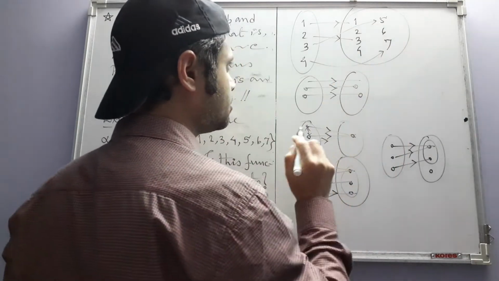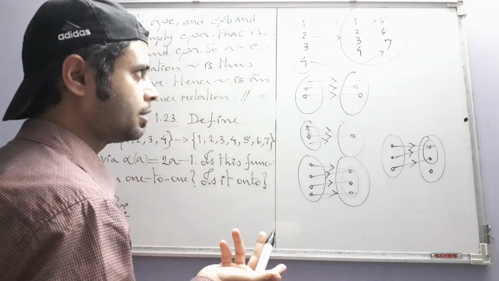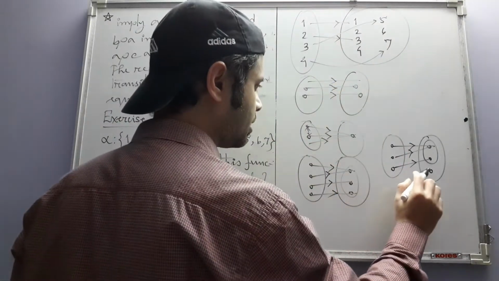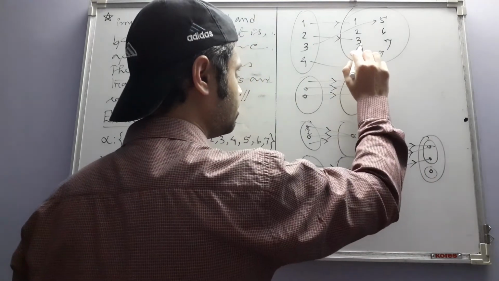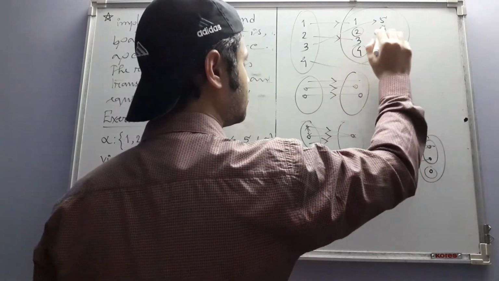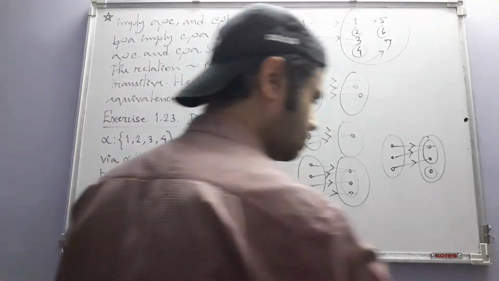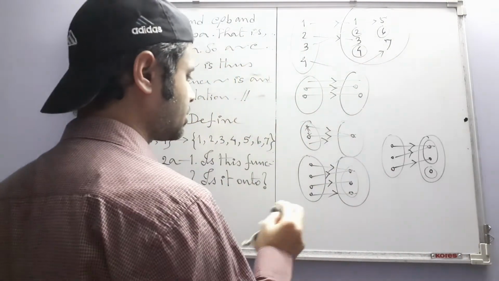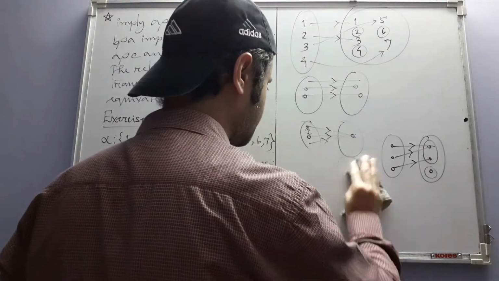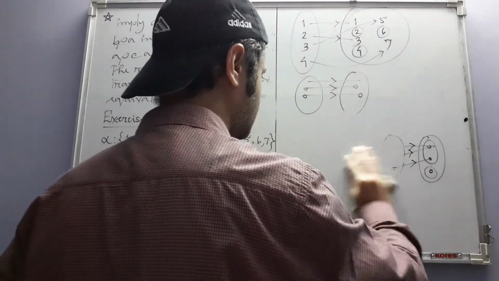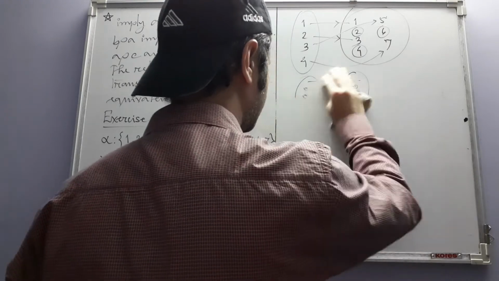So that's why this is one-to-one, but clearly it's not onto because there are left-out elements which have not been attacked. These are just for the sake of understanding, of course. We will now have to write the rigorous solution.